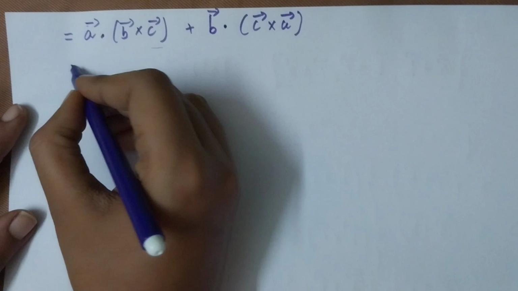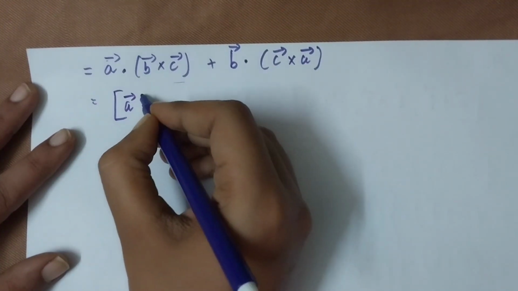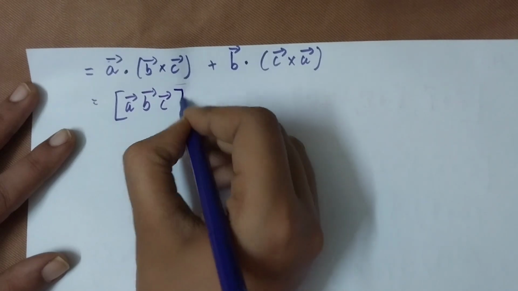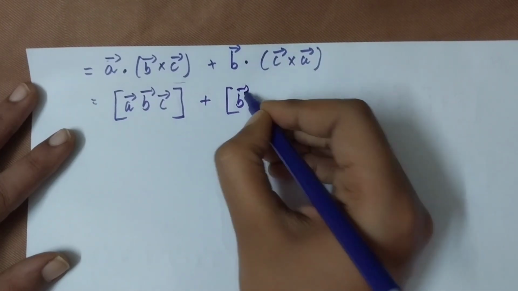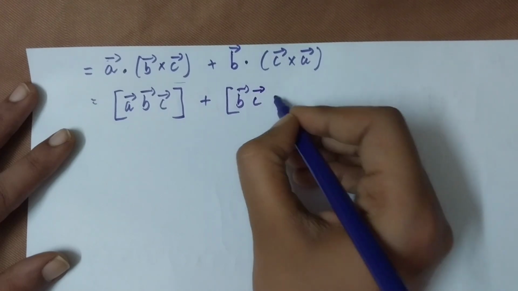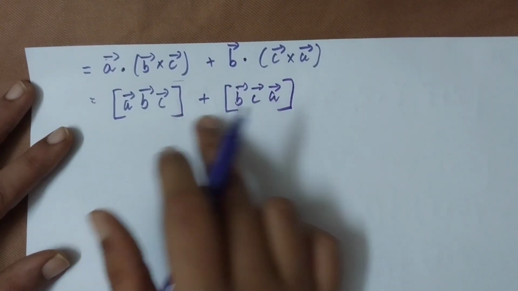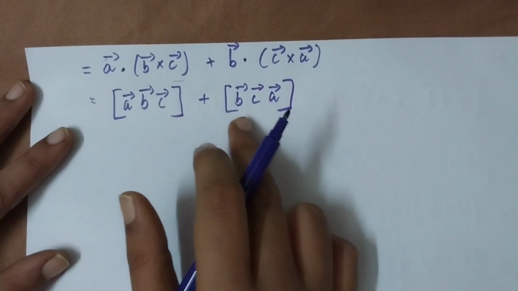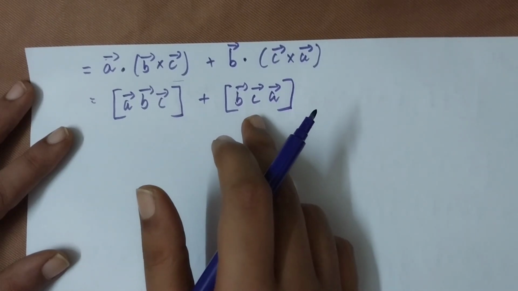Now this is equal to box ABC plus this is equal to box BCA. Now these two are the same itself because I already told you that the box product has this cyclic property.